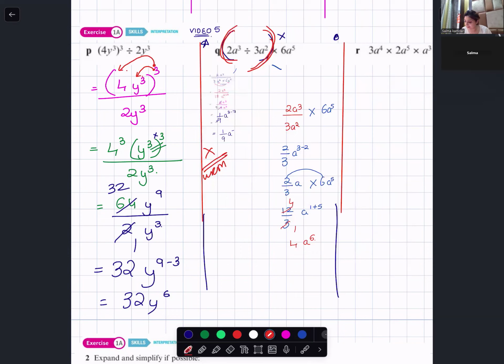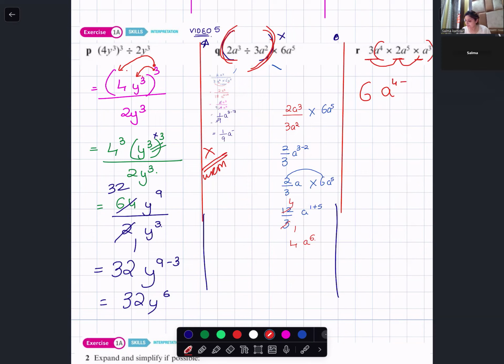Now let's do over here. This is simple. All the three are multiplied, so there wouldn't be any confusion in this. So it would be 3 twos are 6, into 1, 1. Then the law of indices for a.